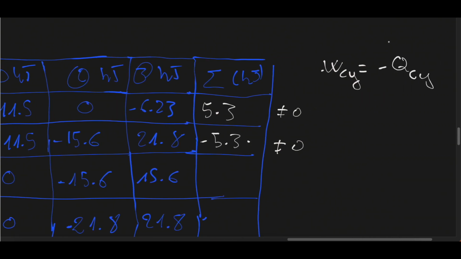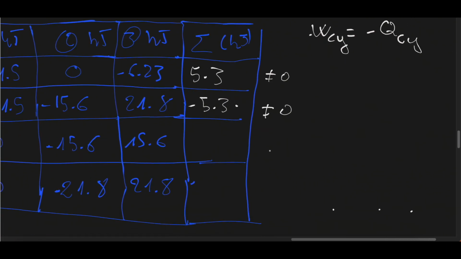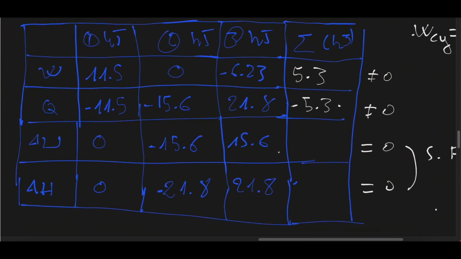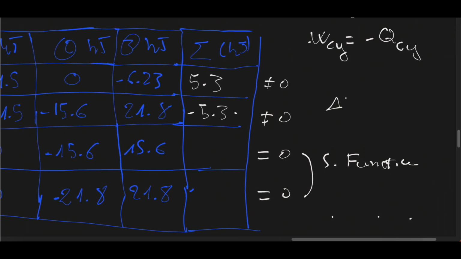So this equation is verified. And also, because delta U is a state function, it means that the sum of all the cyclic internal energy changes is equal to 0.